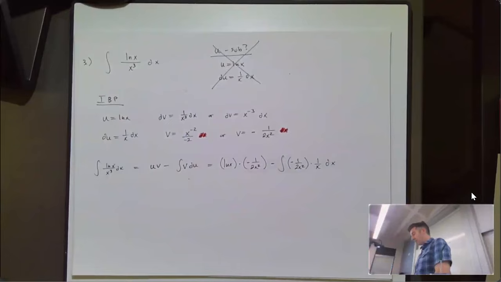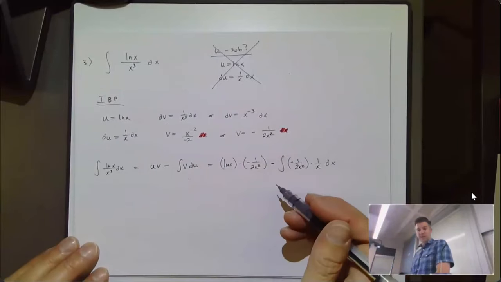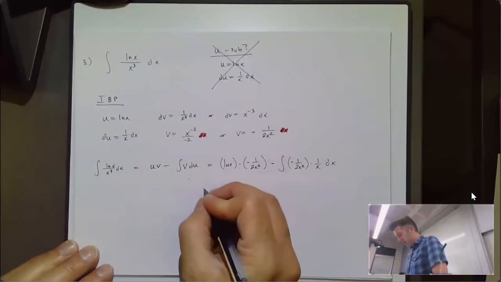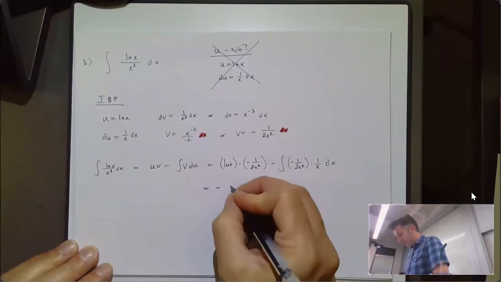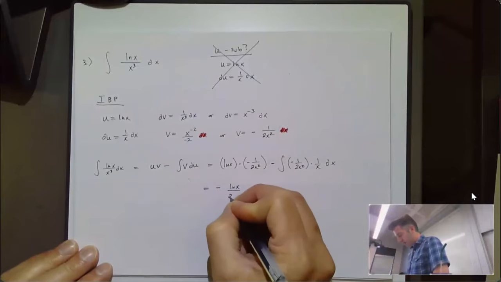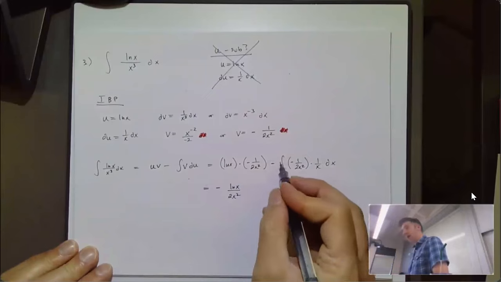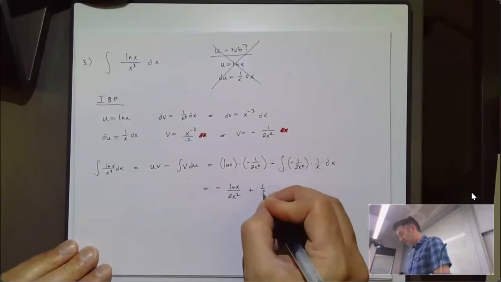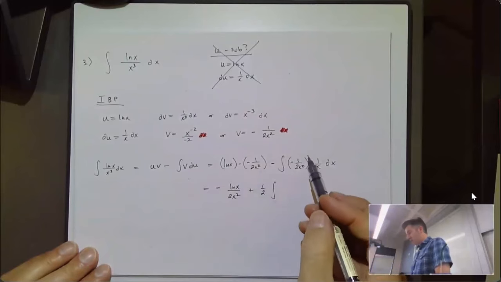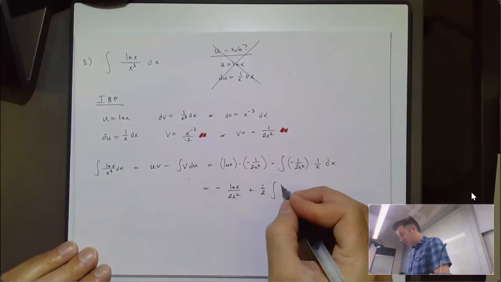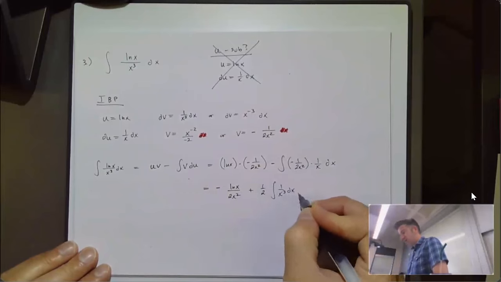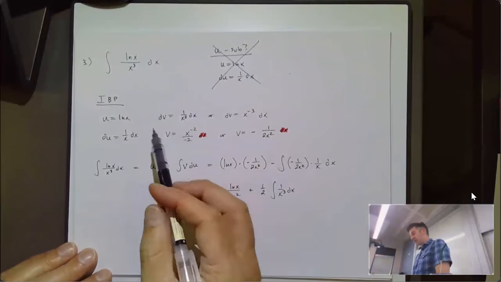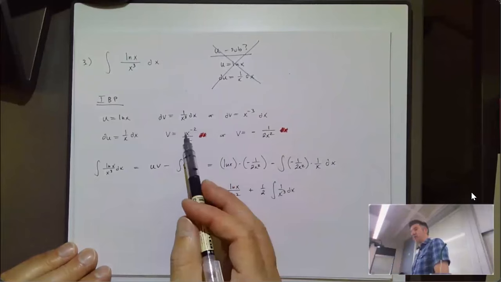And then we need to rewrite this integral so we can see that it's actually easy to integrate. So here I'm going to have negative natural log of x over 2x squared minus. I'm going to bring out the minus 1/2 and say I have plus 1/2 times the integral of 1 over x squared times 1 over x, which is 1 over x cubed. Well, great. We just did the integral of x to the negative third. It's x to the negative second over negative 2.